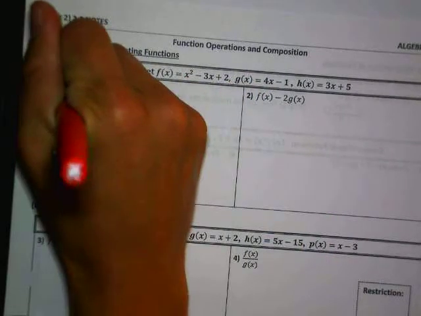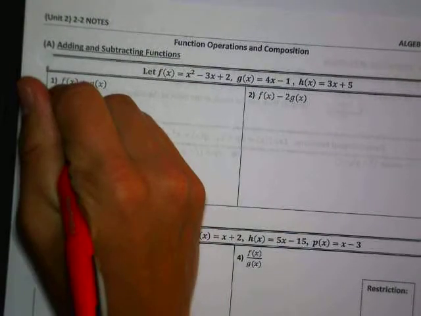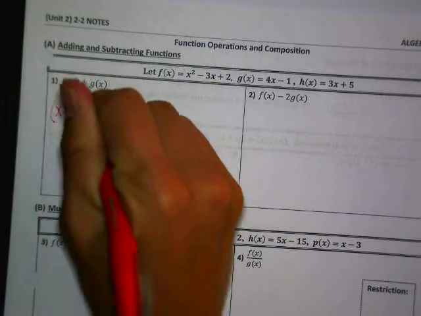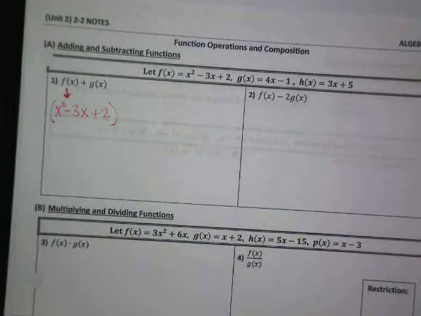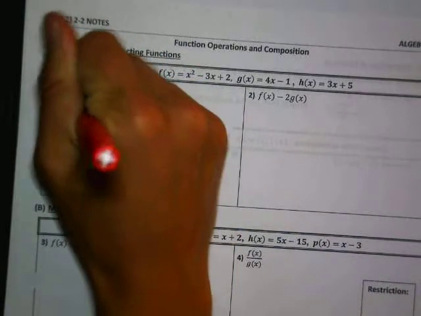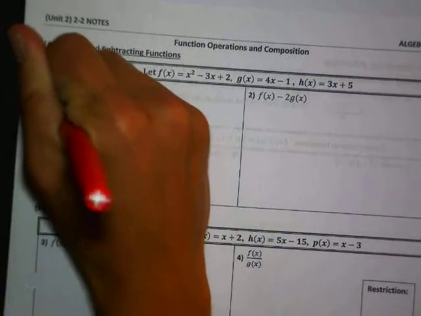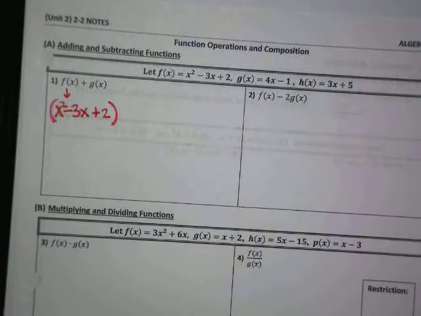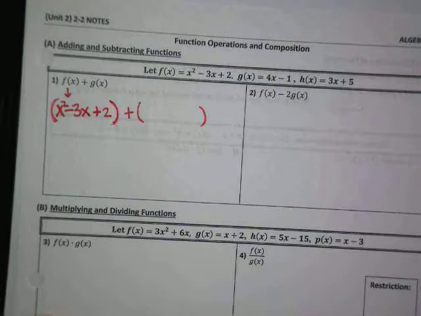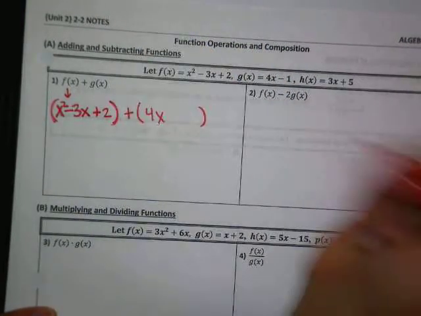So I know that f of x is x squared minus 3x plus 2. Okay, plus 4x minus 1.